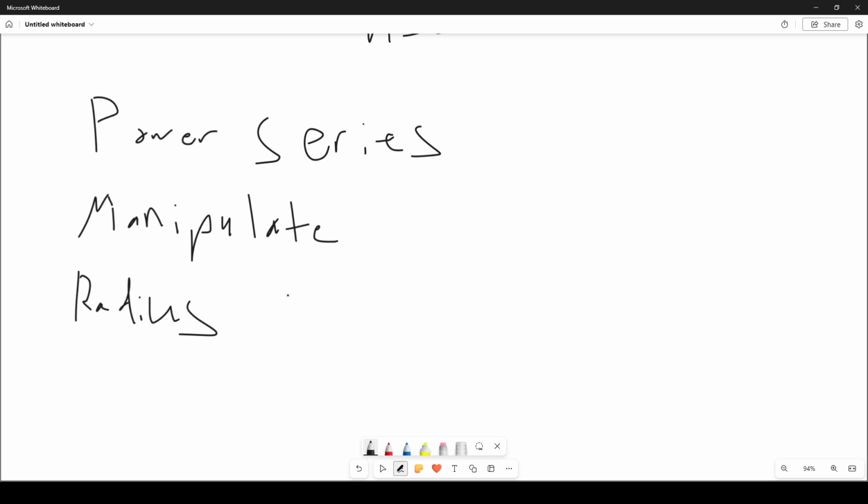Because these things don't really matter too much to us if they don't actually work. And they only work within that radius. So the radius is an important question to consider, because if we don't know what it is, there's really no point in trying to even mess with the series at all. Okay, so if you've mastered all three of these things, you've basically mastered power series.